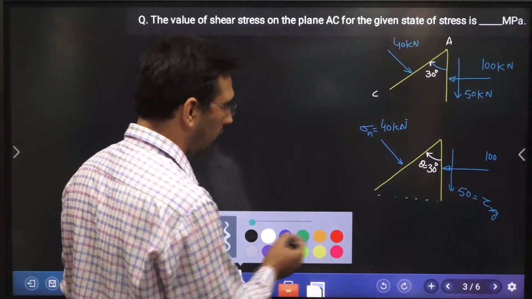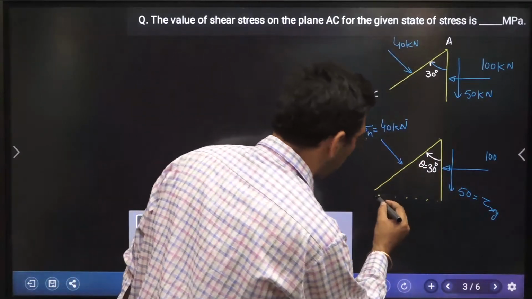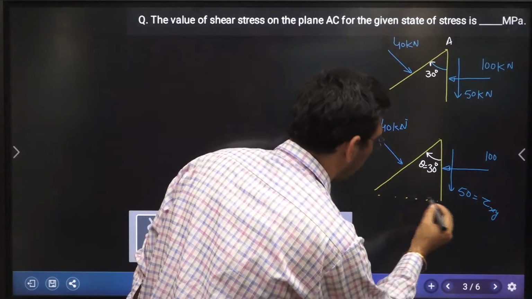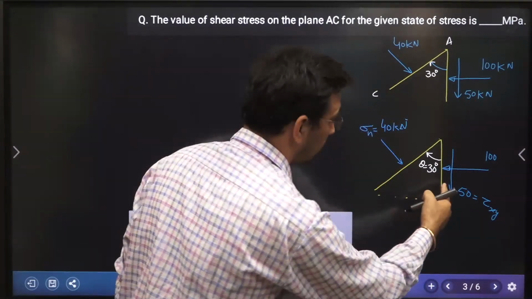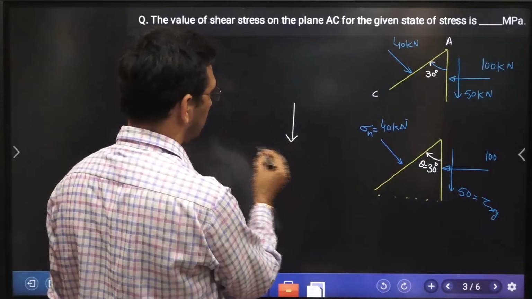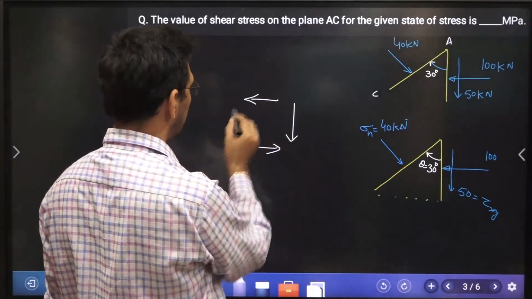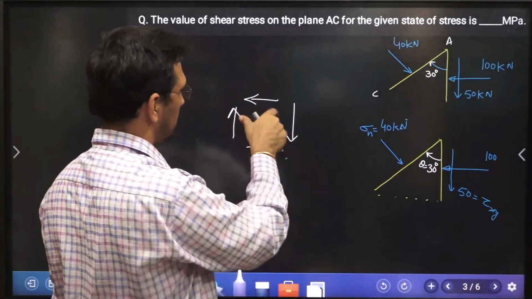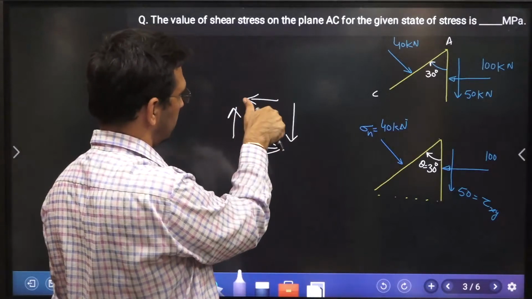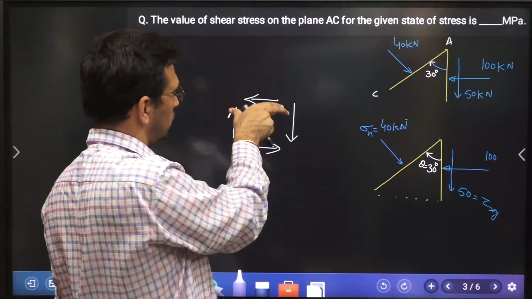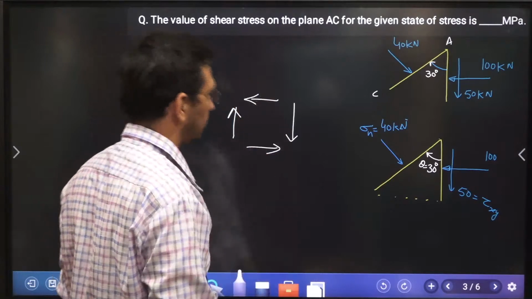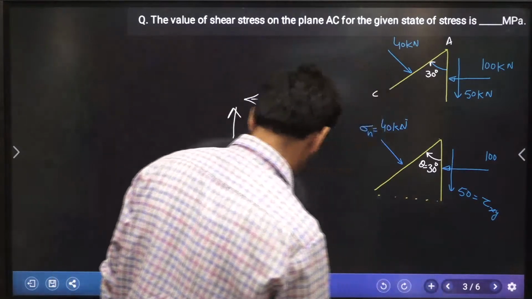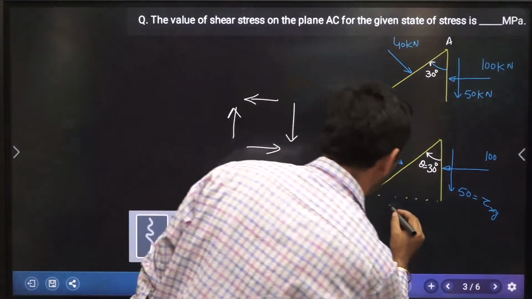And what do you want to find out? I want to find out tau. So over here, I don't know. Shear I can show. Shear will be either converging at two ends or diverging at two ends. If these two are forming clockwise, this is going to be anti-clockwise, right? So it means this is going to be this way. So should I show it this way?